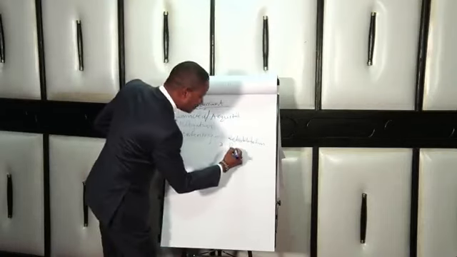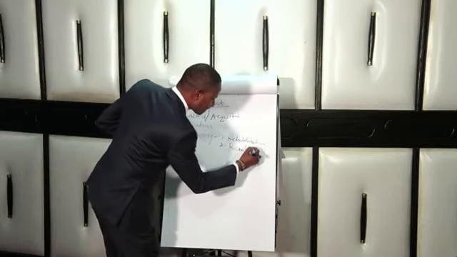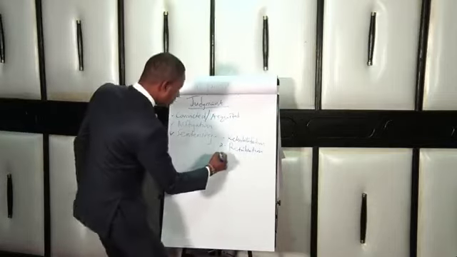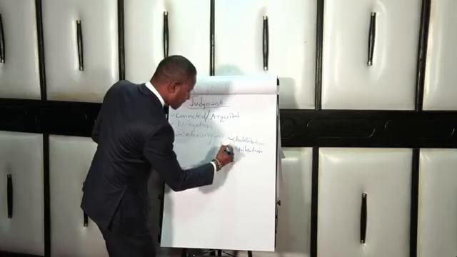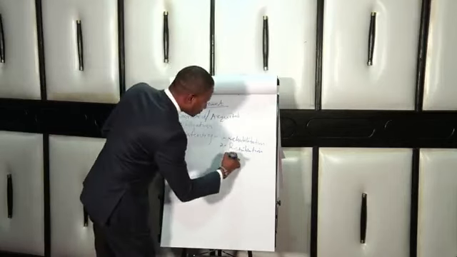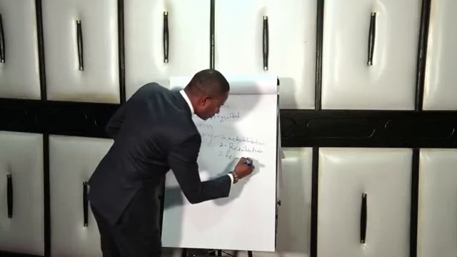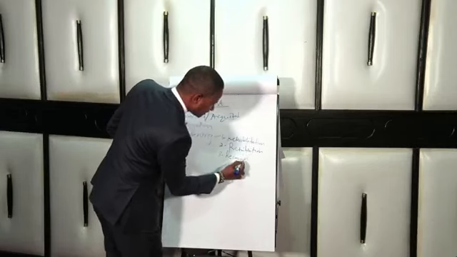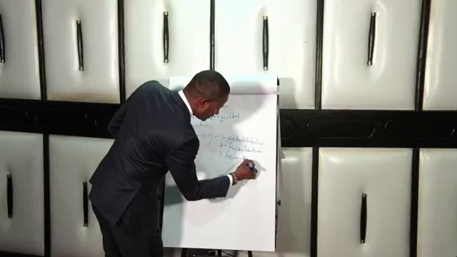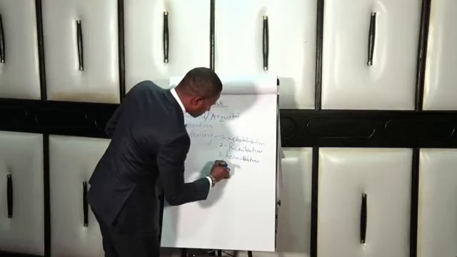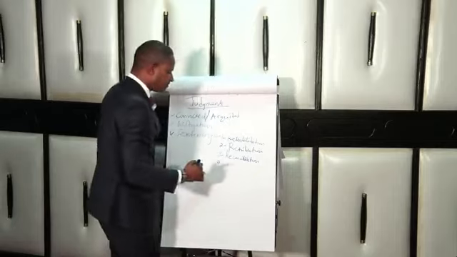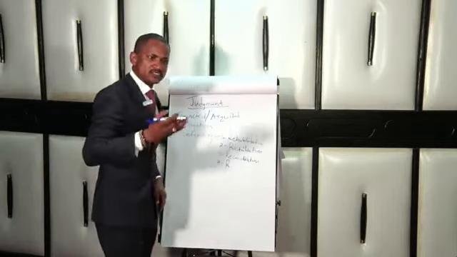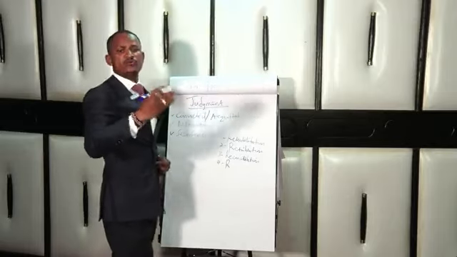So retribution is based on punishment, that you are being punished. Number three, we call reconciliation. You are reconciled. And number four is restoration, restorative justice, that you are taken to the original position where you were.